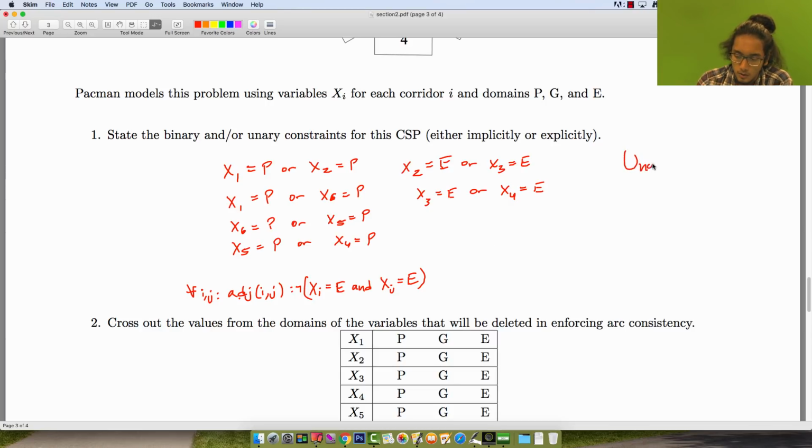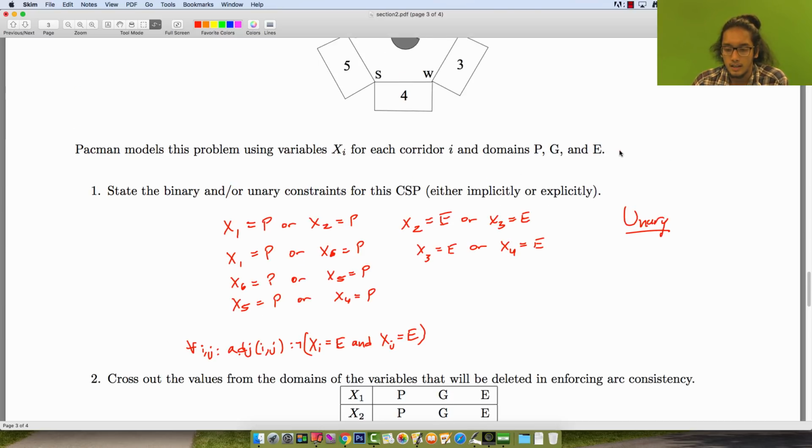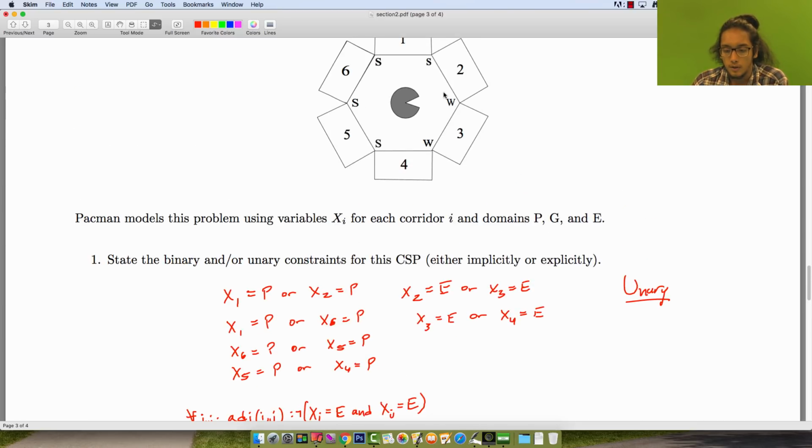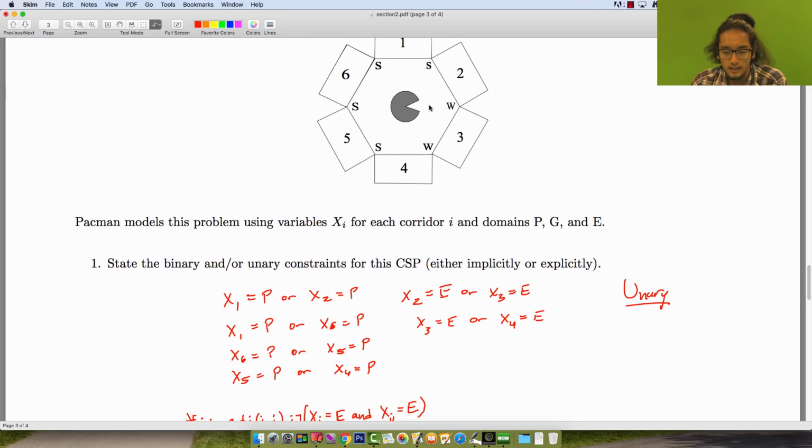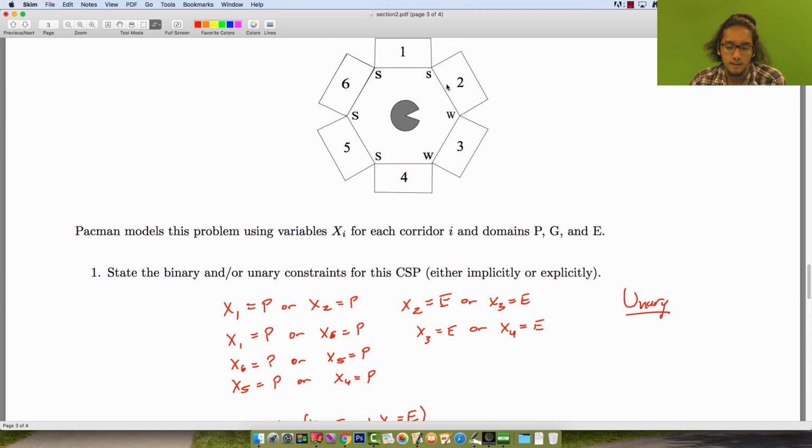You also have some unary constraints, and these you can deduce from the fact that over here, because these are both weak breeze, it also gives us some extra information about what is behind doors 2, 3, and 4. In particular, it tells us that you cannot have a pit behind any of these. Why? Because if you did, then the pit would result in a strong breeze blowing at this intersection in the case of 2 or 3, or this intersection in the case of 3 or 4, right?